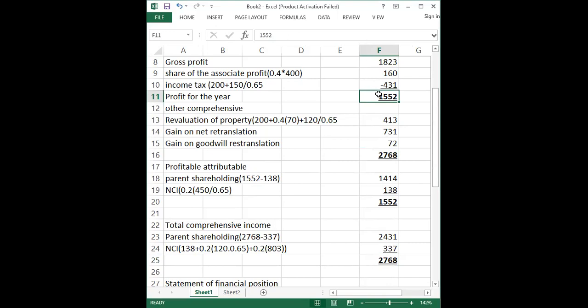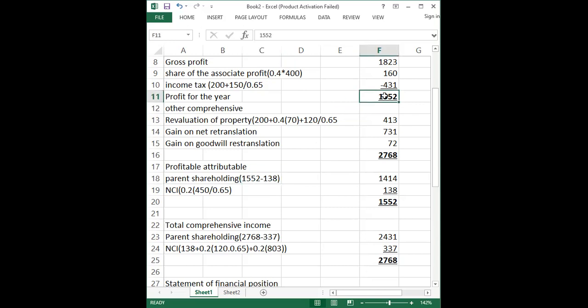1,552. Okay. That one too, we share it between parent and subsidiary. Yes, because this includes the parent figure and also the subsidiary figure, because we consolidate the parent and the subsidiary. So part of it is for the subsidiary, part of it is for the parent. But the parent is having 80%, NCI is having 20%. So if we know out of this profit how much the NCI is receiving, then we can know how much will be for the parent. So NCI is receiving 138.